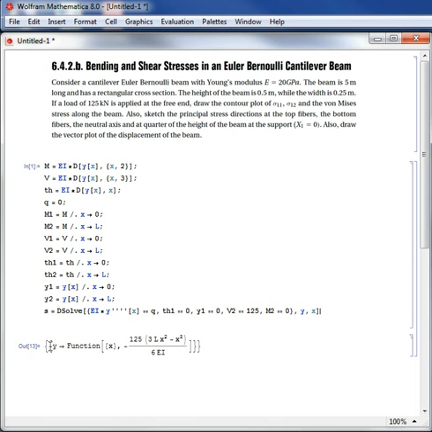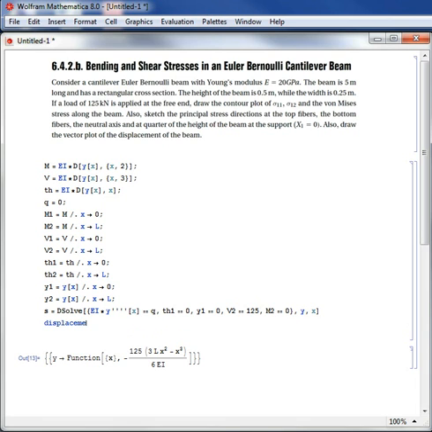Now this is a rule. I have not really replaced y. I'm just saying that the solution to this is a function of x. Now to store or to extract this, I'm going to call it the displacement solution. So the displacement solution is equal to y when I grab this rule.